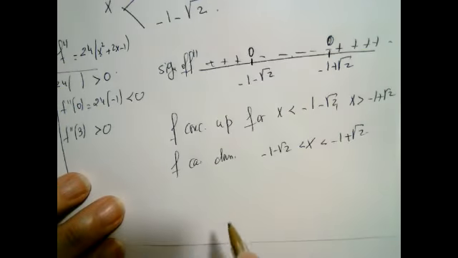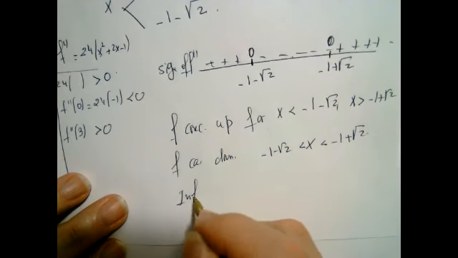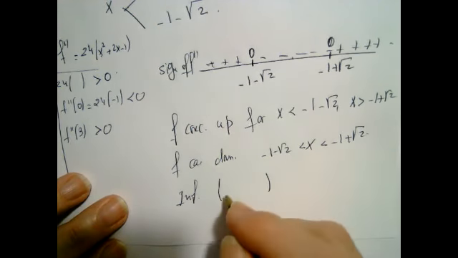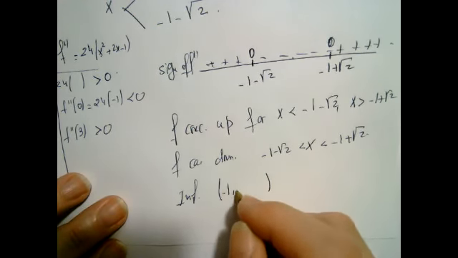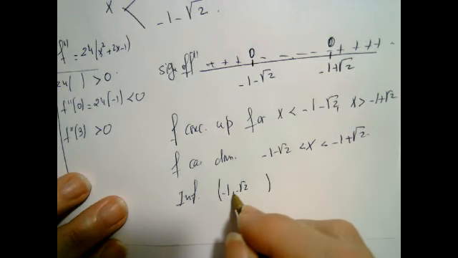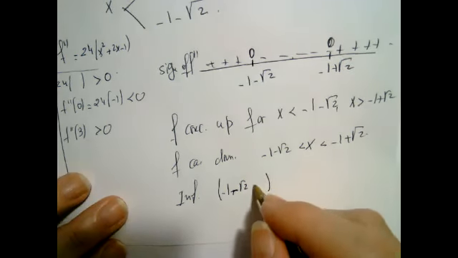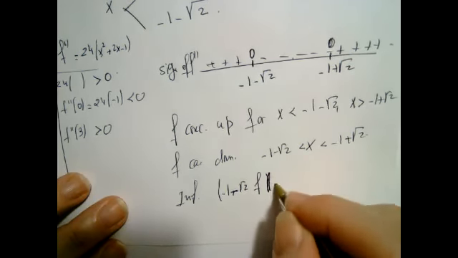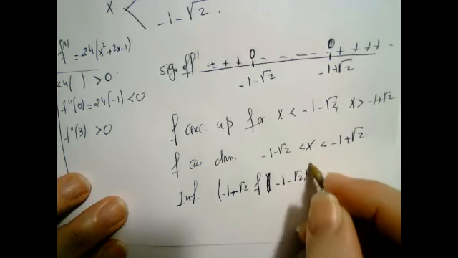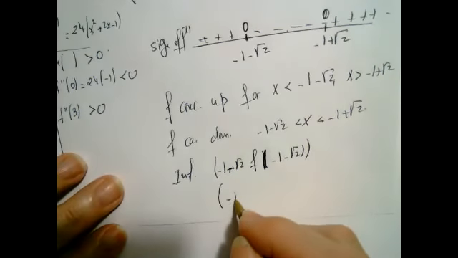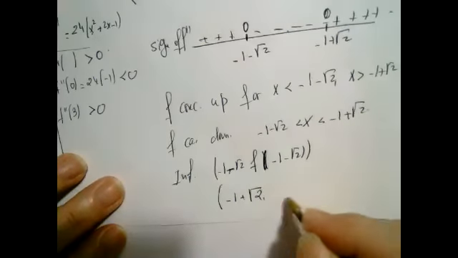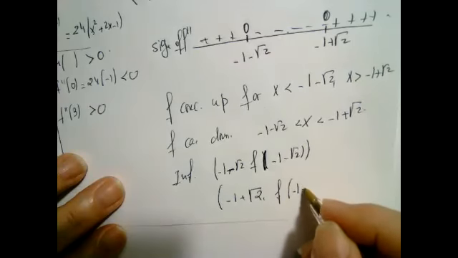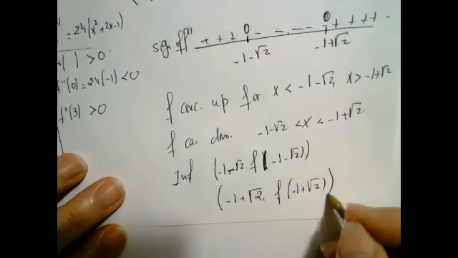Okay, and inflection points occur at the points minus 1 minus root 2, f at minus 1 minus root 2, and we're not going to compute them, it's a bit messy, and minus 1 plus root 2, f at minus 1 plus root 2.